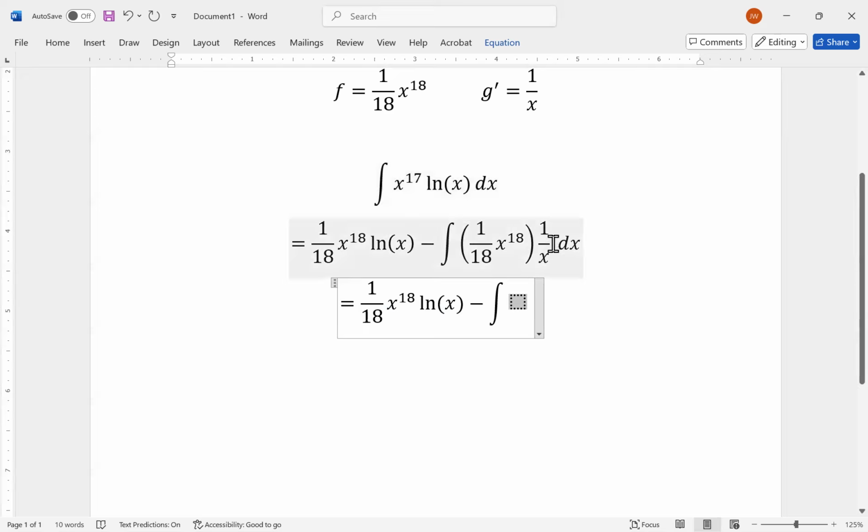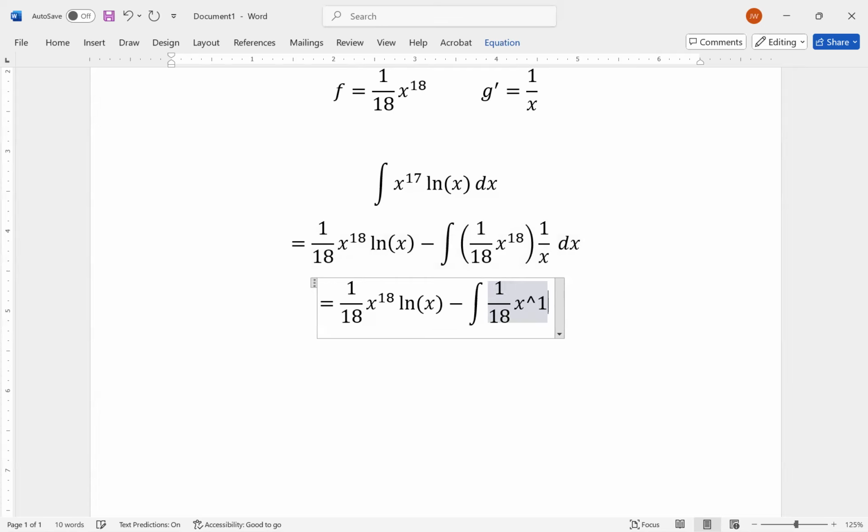All that's going to happen is that 1 over x times x to the 18th becomes an x to the 17th. So I get 1 over 18 x to the 17th power integrated with respect to x.